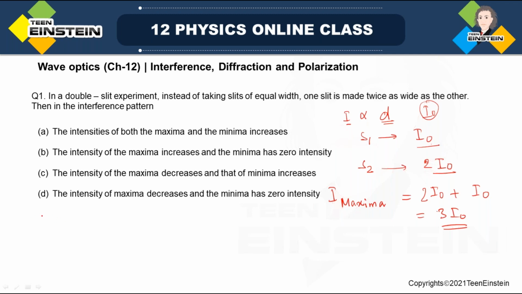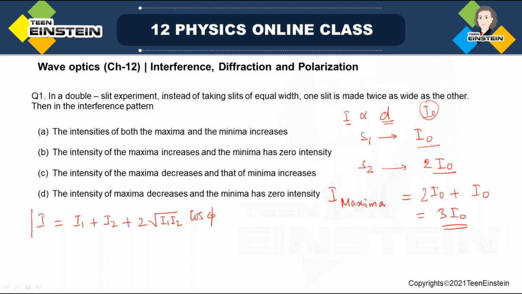Okay, let me just give you the general equation for the intensity of the interference pattern when you know the intensity of both the lights coming up. So this is I1 plus I2 plus 2 root I1 I2 cos phi, where this phi is the phase difference.